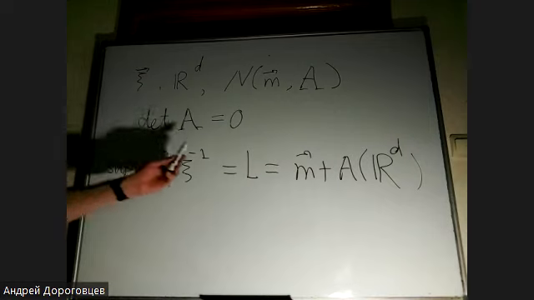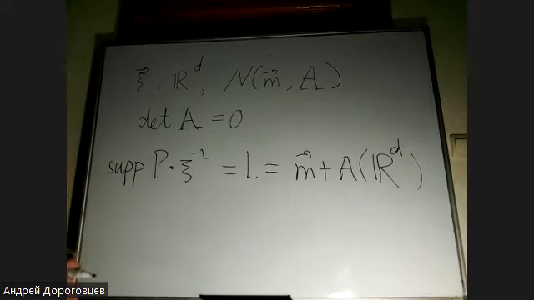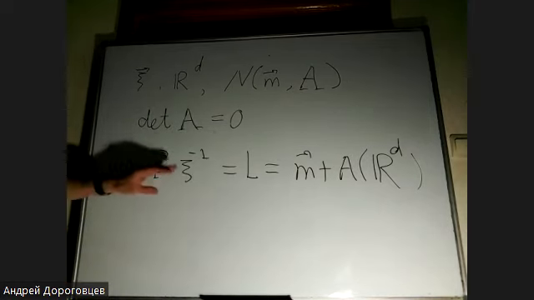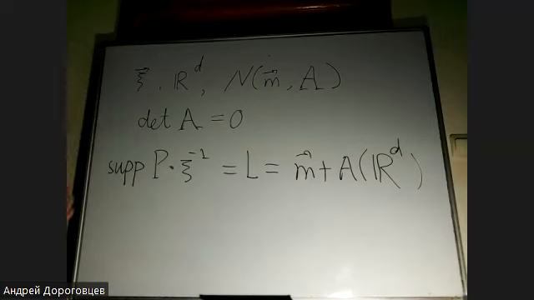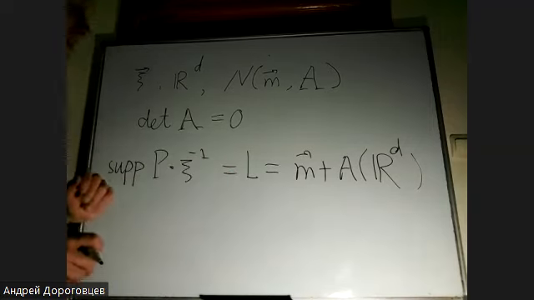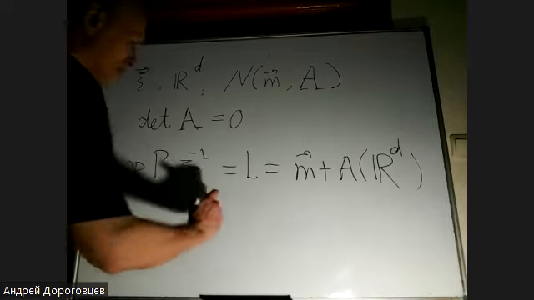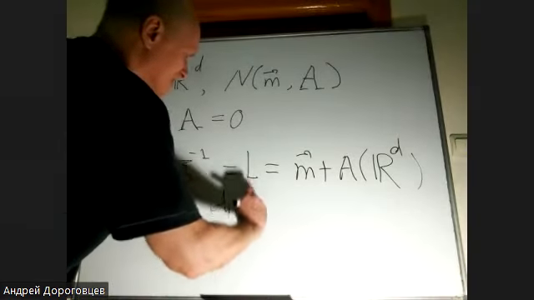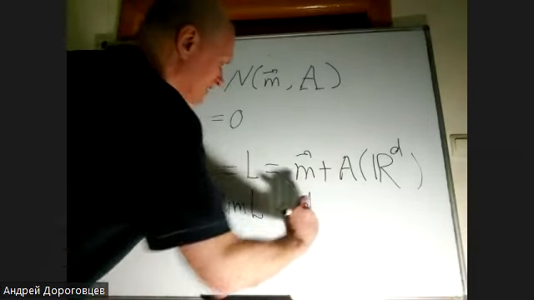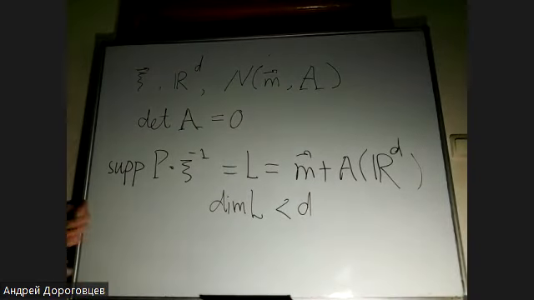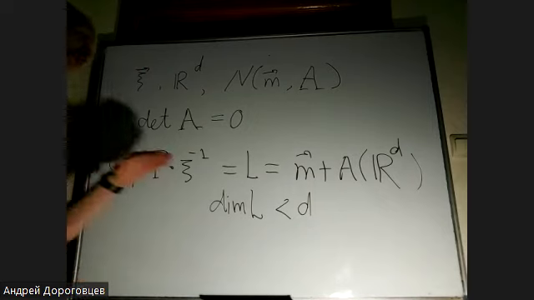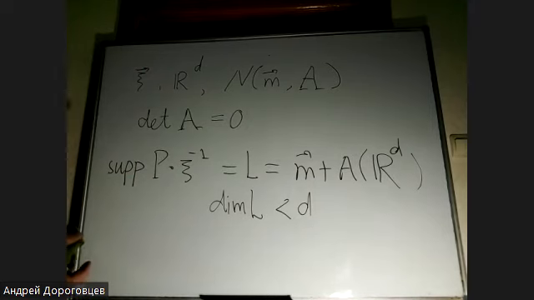So one can see that in this case, this Gaussian distribution is concentrated on an affine subspace with a dimension which is strictly less than D. So it is concentrated on a set of zero Lebesgue measure in R^D, so it has no density. This was the end of our considerations in the previous lecture.